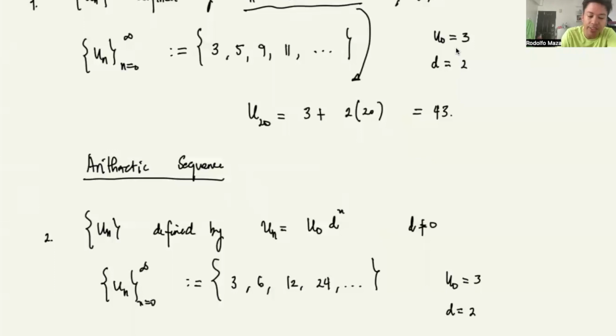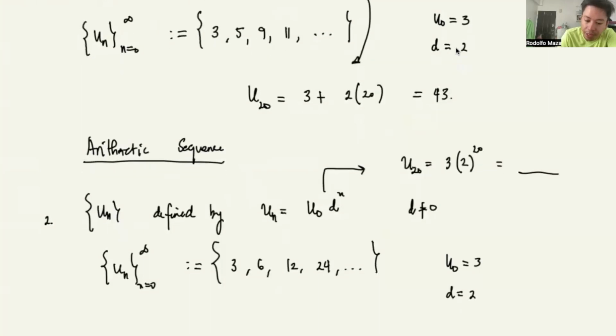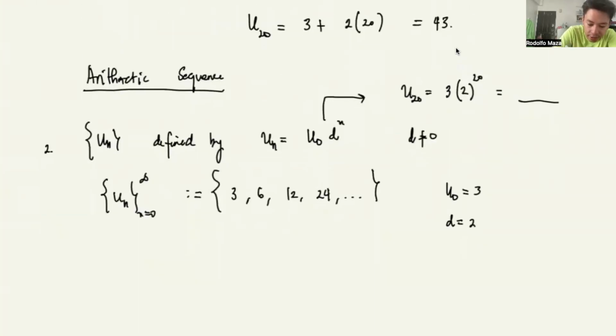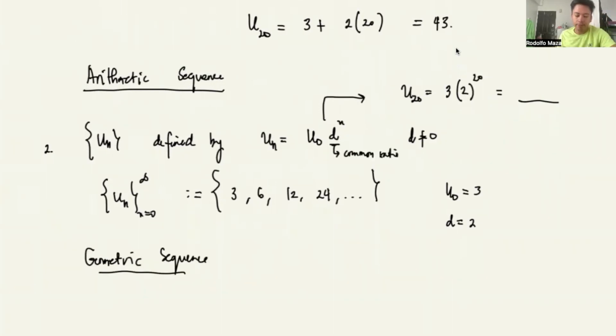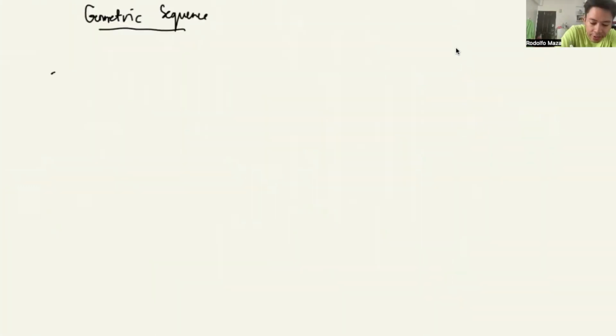So if you're interested to get, let's say, u sub 20, yan. So what happened is, your u sub 20 will be 3 times 2 raised to 20. And the answer will be your 20th term of the sequence. So this is actually one of the famous sequences then. In fact, in high school, we call this a geometric sequence. This d, in high school, they call it the common ratio. Yan. That's it.